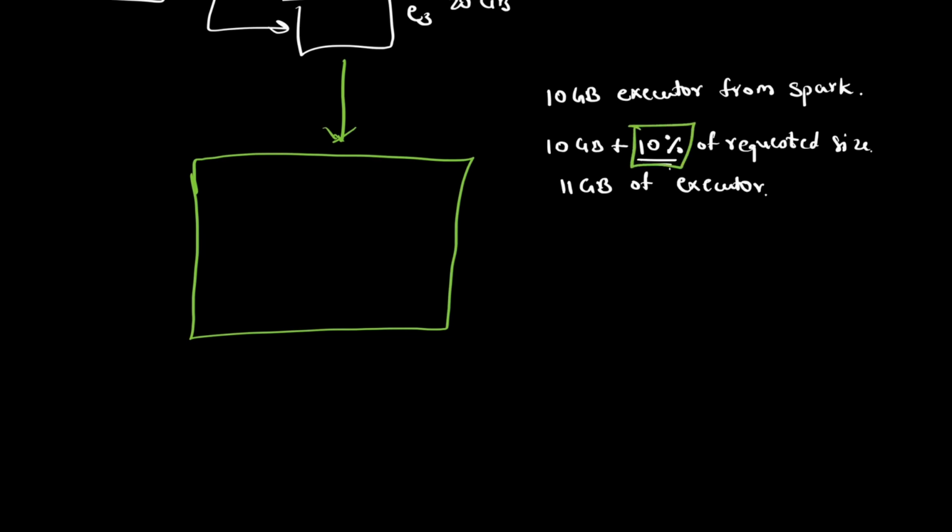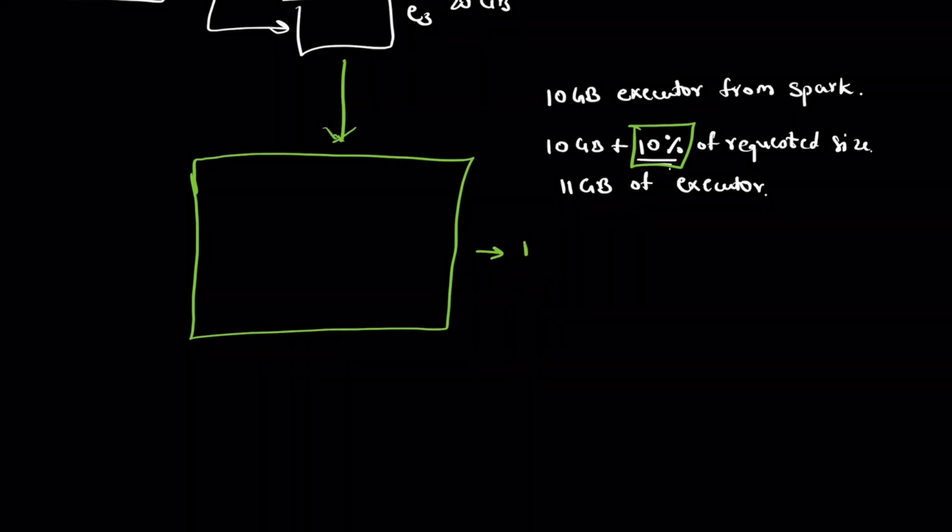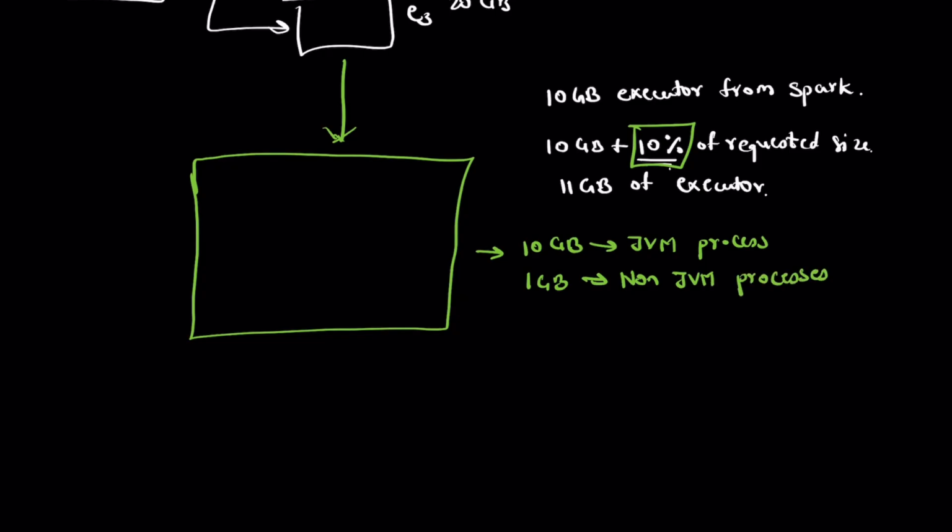So as we have overhead memory in our driver, we also have it in our executor. Over here, 10 GB would be for JVM processes and 1 GB would be for non-JVM processes.